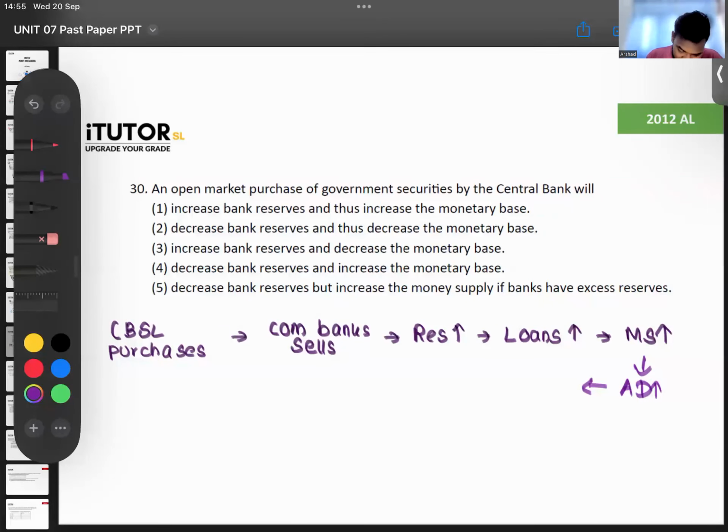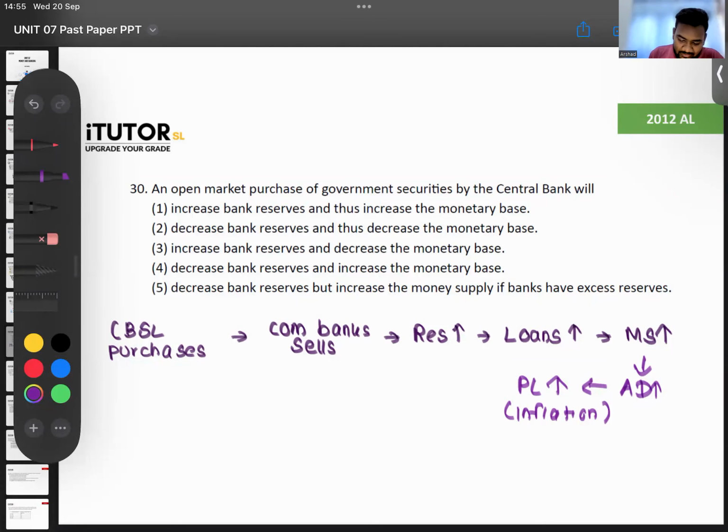Price level increases. So what is this? This is inflation. So remember, what is the central bank's ultimate objective with the monetary policy? To control inflation, no? So if they purchase treasury bonds, inflation will go up. If they sell treasury bills and bonds, inflation will go down. How it connects, you draw and figure it out.